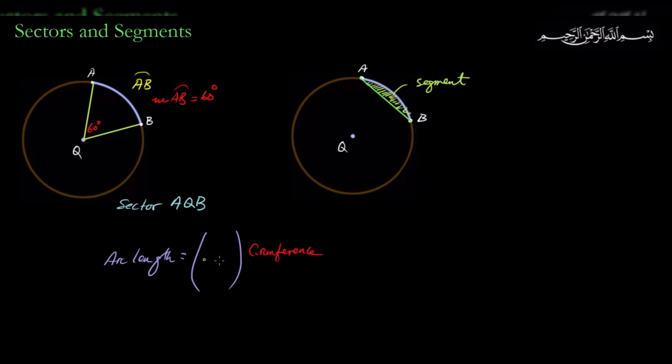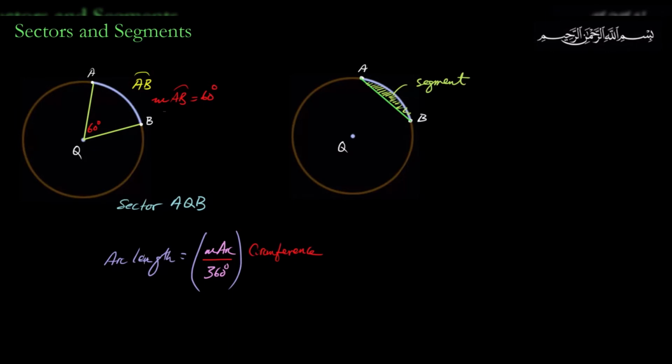And that fraction is based on the measure of the arc. So you have the measure of the arc over 360, and that's going to be the fraction that the arc has of the entire circumference.